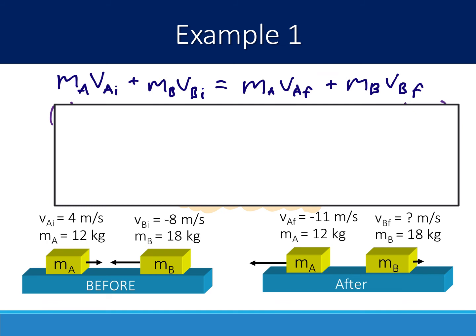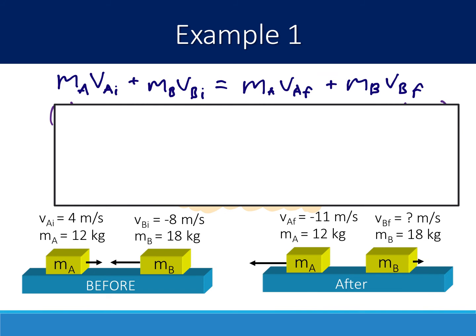So in this example, we're going to take a look at what this looks like when we substitute numbers in. So notice on the diagrams at the bottom, I have a before case and I have an after case. So these blocks are going to hit. One of them has a bigger velocity arrow than the other, and afterwards, one of them has a bigger velocity arrow than the other.